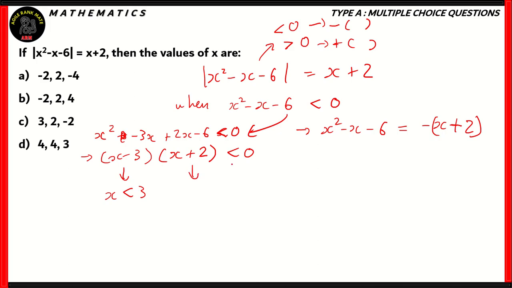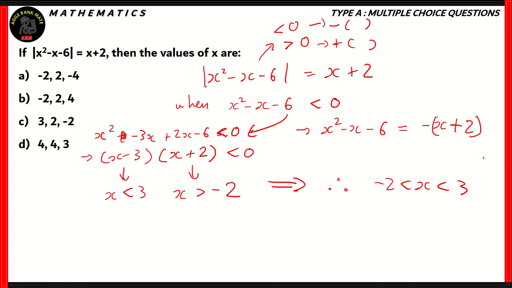X plus 2 is less than 0, then it goes to the right hand side as negative 2, so x should be greater than minus 2. So the limits of this particular case would be minus 2 less than x less than 3 for the modulus function given.